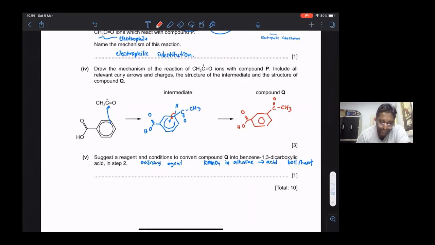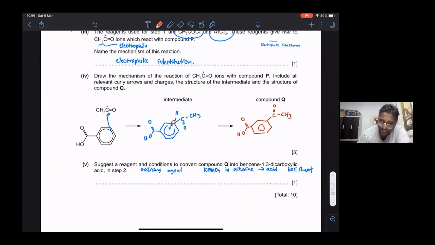Suggest a reagent and conditions to convert compound Q into benzene 1,3-dicarboxylic acid. Do remember just now, any alkyl benzene is going to be converted under oxidation. The oxidizing agent that we use is KMnO4.